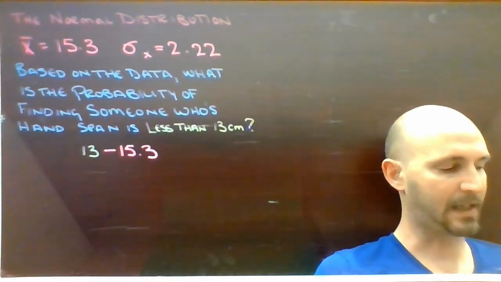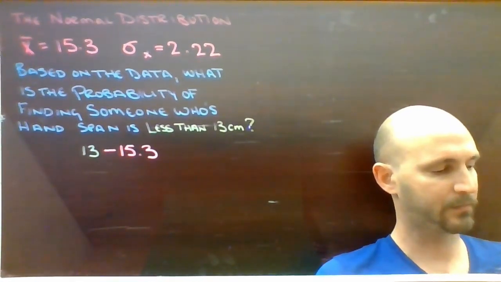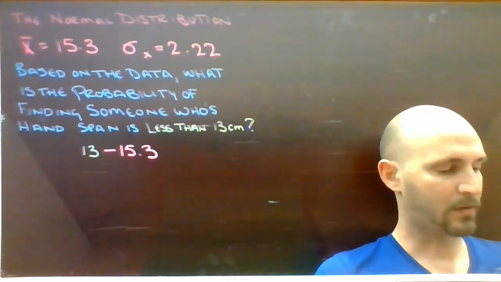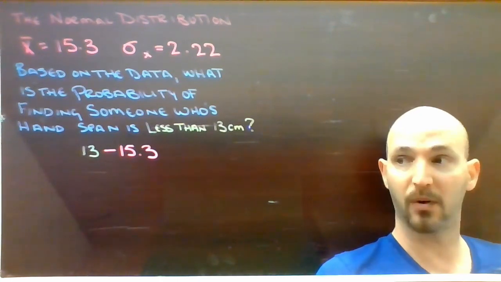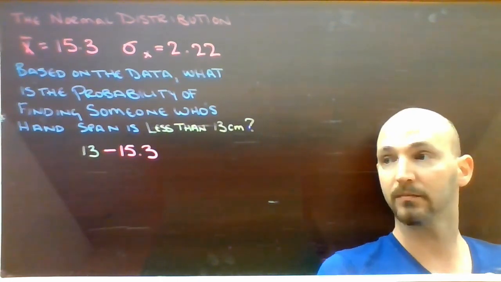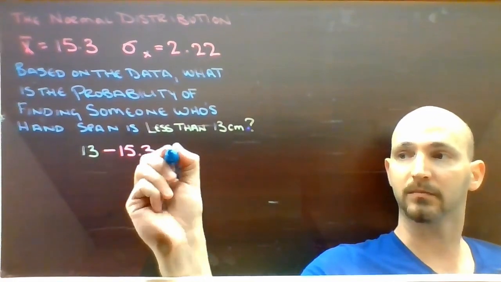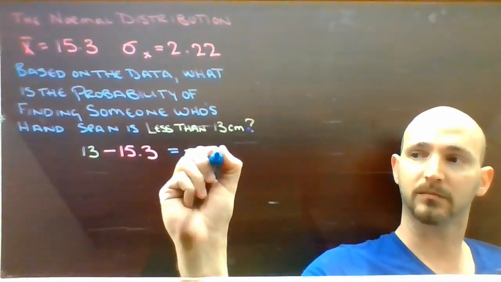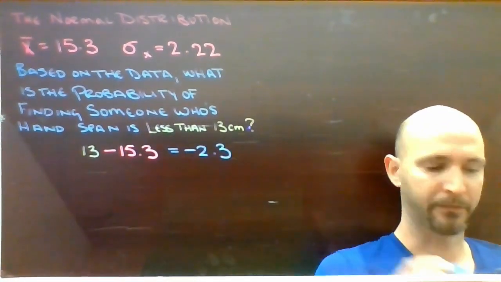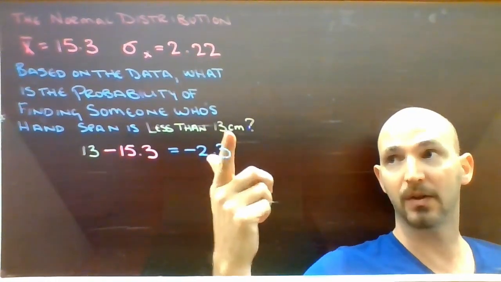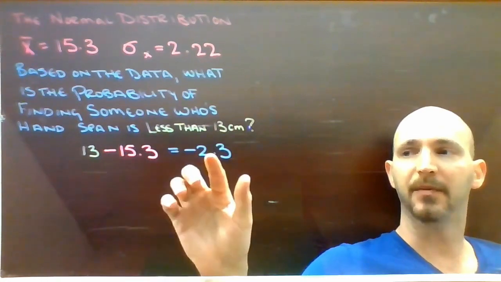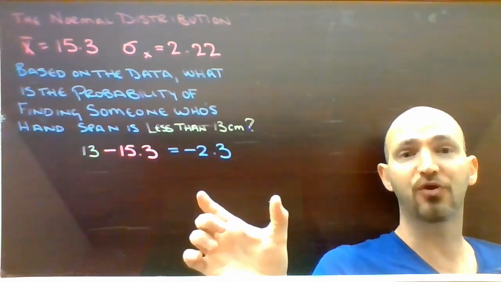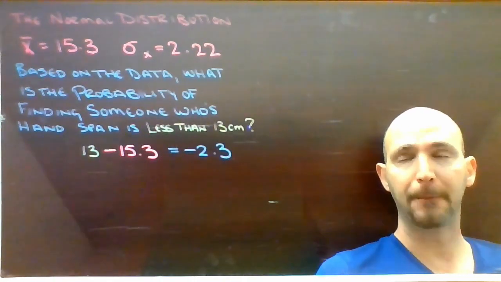And if I work that out, I get negative 2.3. It's negative because 13 is less than the average, so that's nice, it worked out that way. So I'm 2.3 centimeters shorter than the average value.